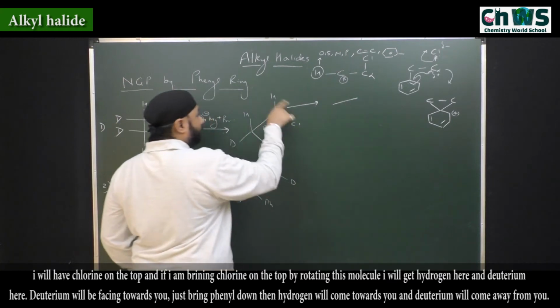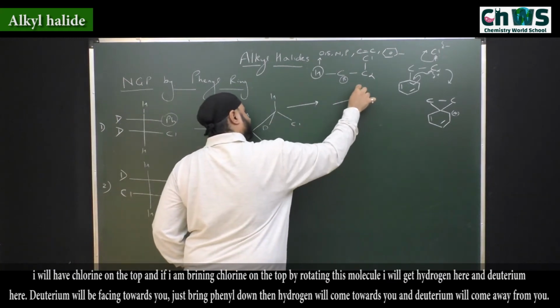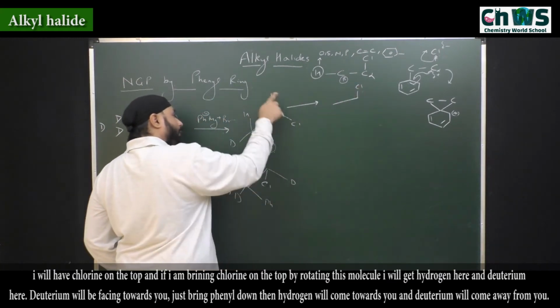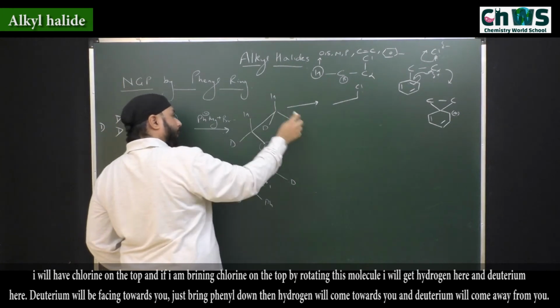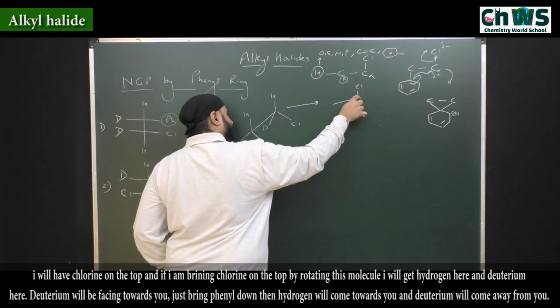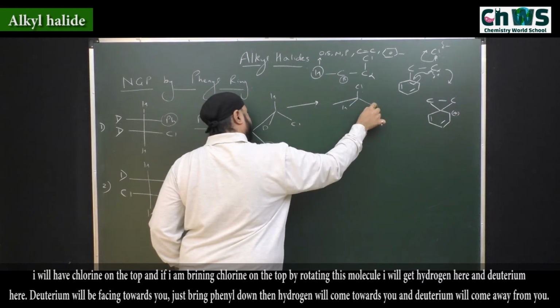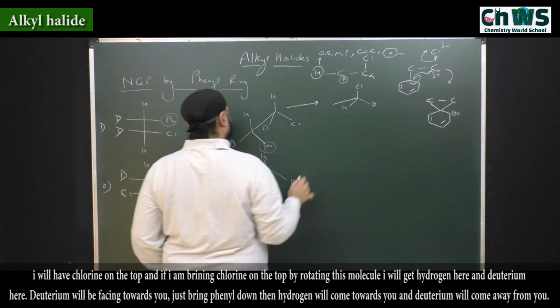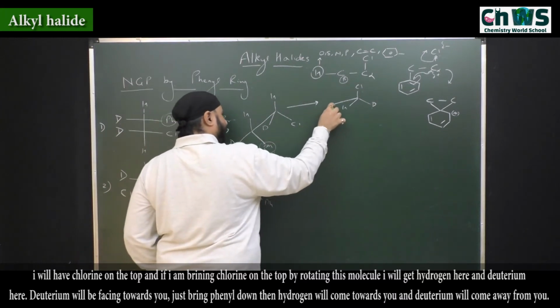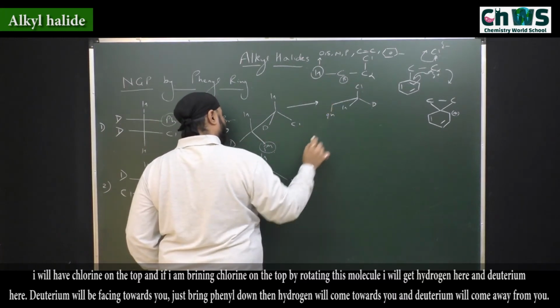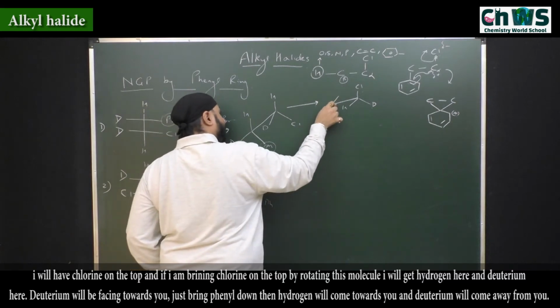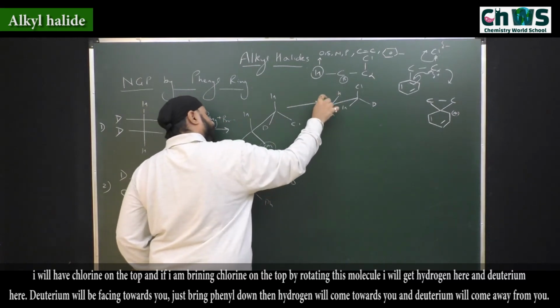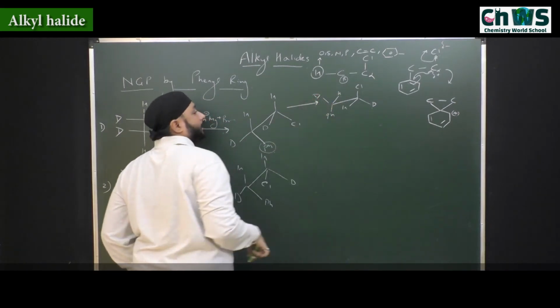Let's say I'll just make chlorine on the top. If I'm bringing chlorine on the top by rotating this molecule, I'll get hydrogen here and deuterium here. Deuterium will be facing towards you. Just bring phenyl down. If I'm bringing phenyl down, then hydrogen will come towards you and deuterium will go away from you, like this.